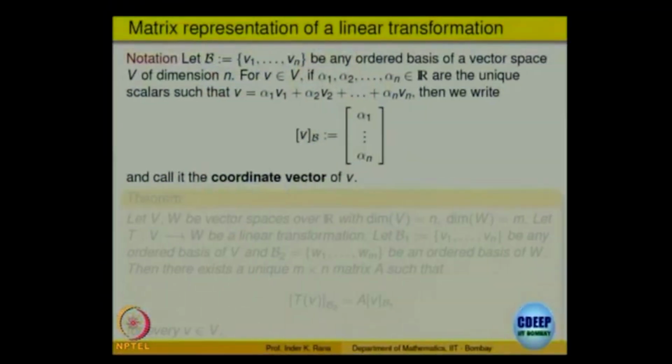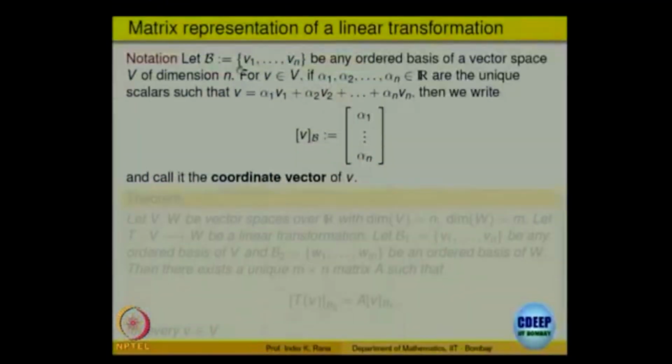Now comes the crucial thing, namely how are these linear? We said that given a matrix you can generate a linear transformation out of it. Now conversely, we want to show that given any linear transformation, it arises that way only, through a matrix multiplication only.